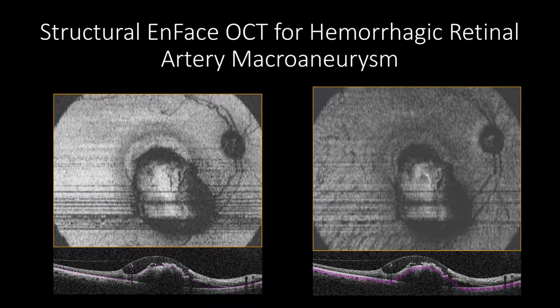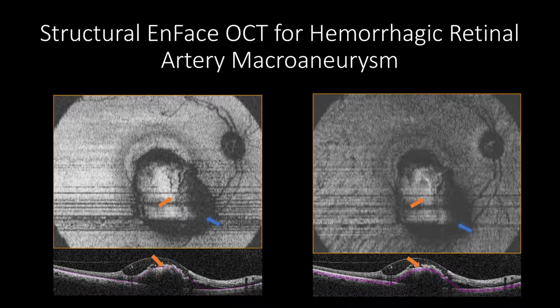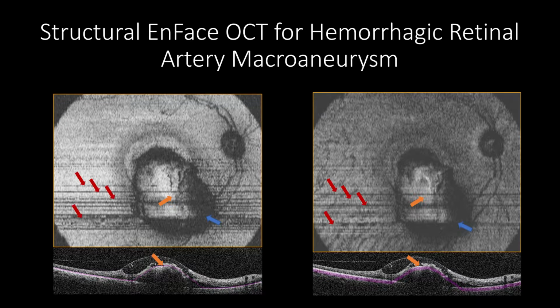The RPE and choroidal slab will show hyperreflectivity due to the shadowing effect from the overlying hemorrhage. Please note the segmentation artifact due to a defect in the segmentation line. Please note the blink artifact.